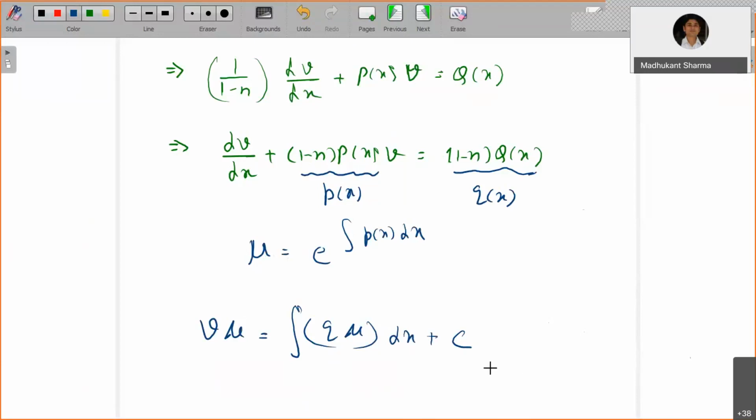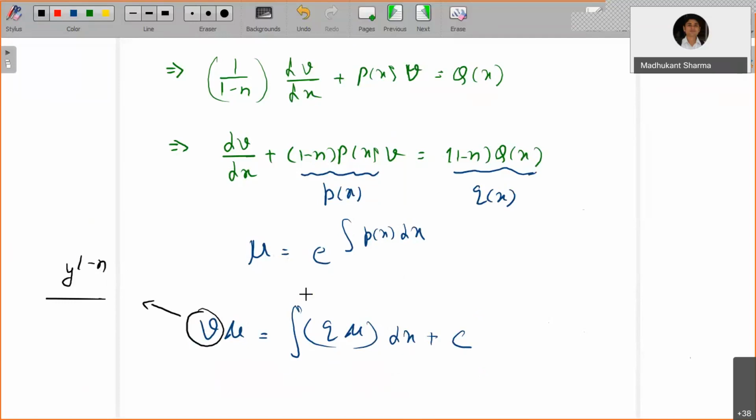This is not yet in the final form of the solution, so you have to replace v by y to the power 1 minus n. Then you will find the final solution of the original equation in terms of y and x.